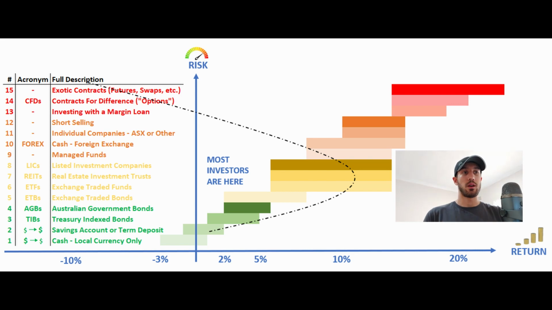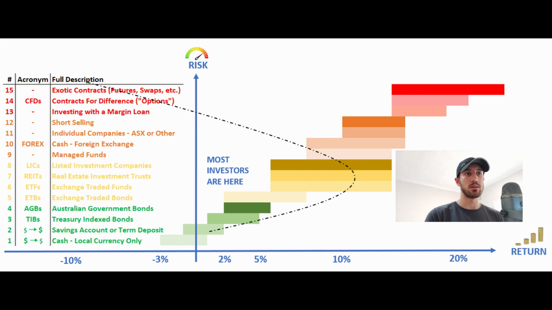Now, most investors are going to be earning somewhere between 3 to 10% over their investing careers. It is very rare for an investor to be able to consistently earn over 10% in the long run. That is very, very rare. So for most investors, I would argue that the sweet spot is somewhere around that 10% mark.